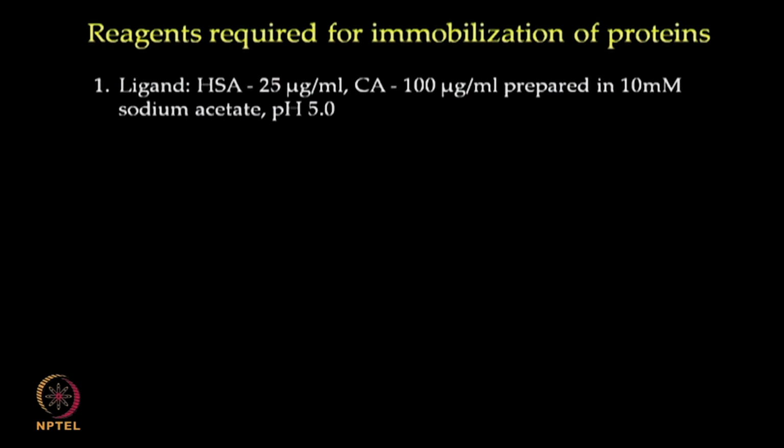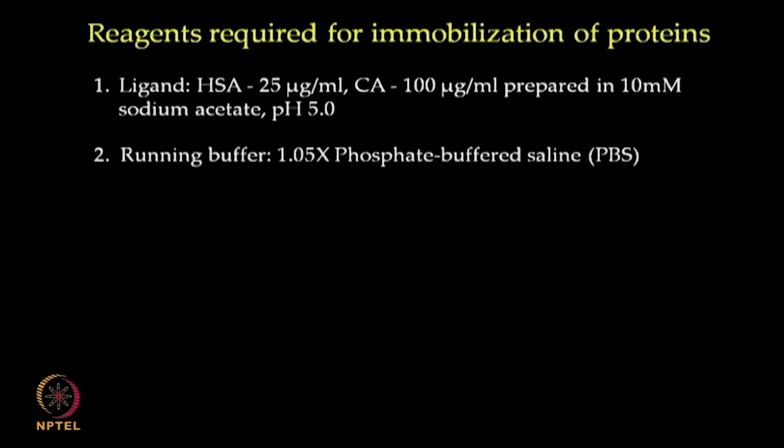The proteins are prepared at working concentration of 25 microgram per ml for human serum albumin and 100 microgram per ml of carbonic anhydrase using an immobilization buffer of pH 5. We will be using 1.05x PBS buffer as the running buffer, which will be connected to the system followed by priming.